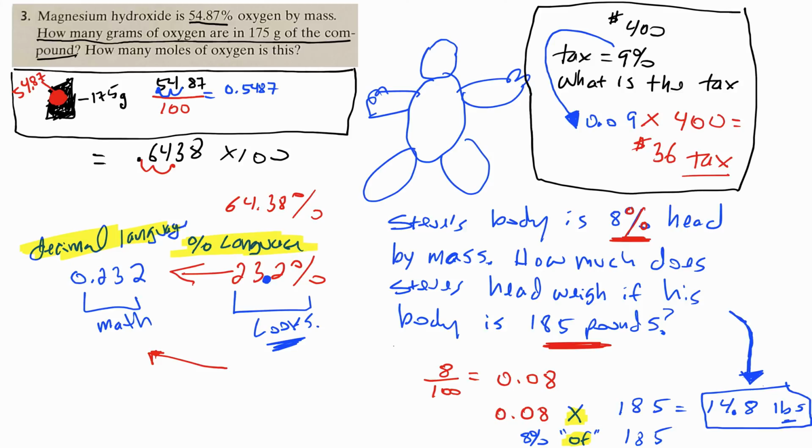So you're going to go 0.5487 of what total number? 175. And then what are we going to get? Yeah, 96.0225. So what did we figure out?